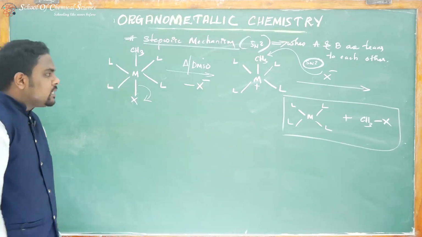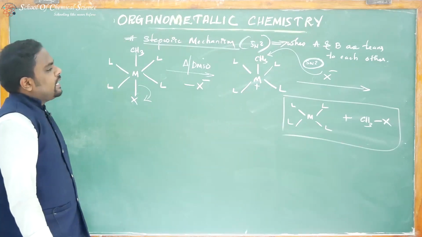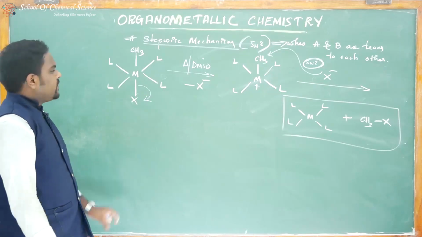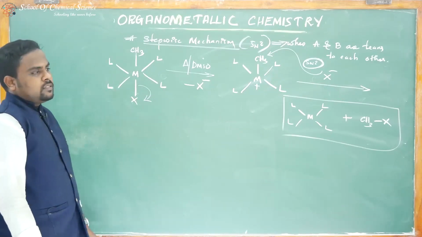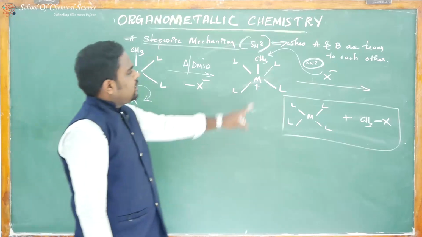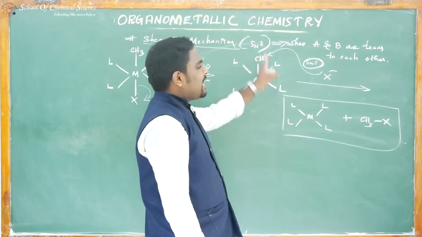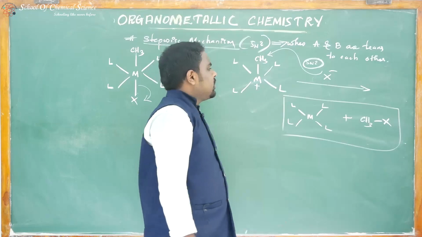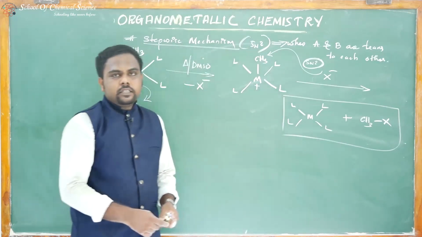Mostly cis is favored. Clear? So this is called the stepwise mechanism. First step, your halide is eliminated. That will attack the methyl group from the backside. So CH3X will be eliminated.